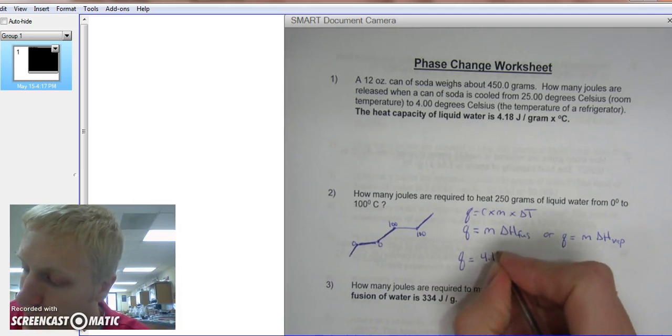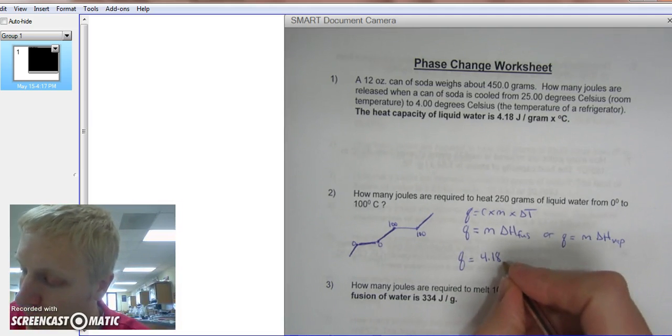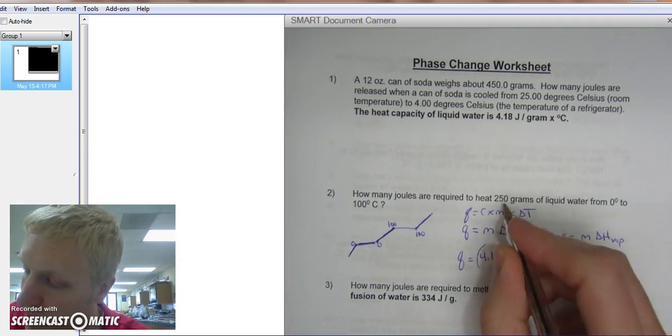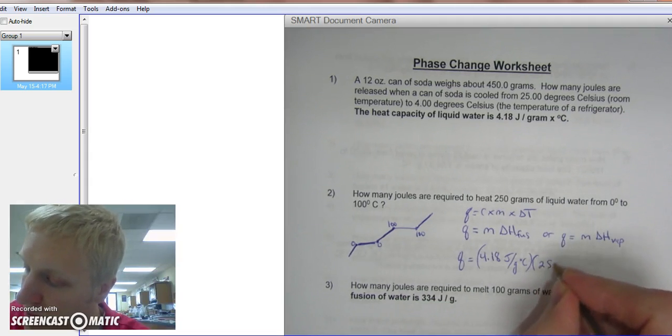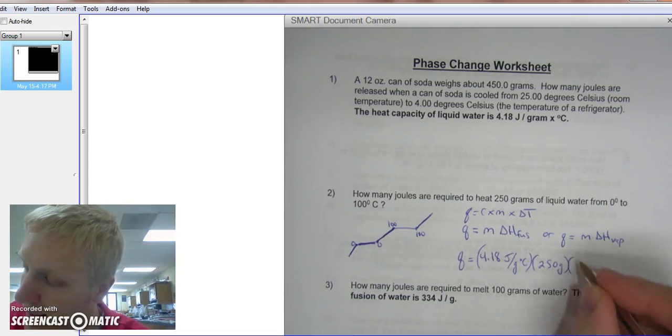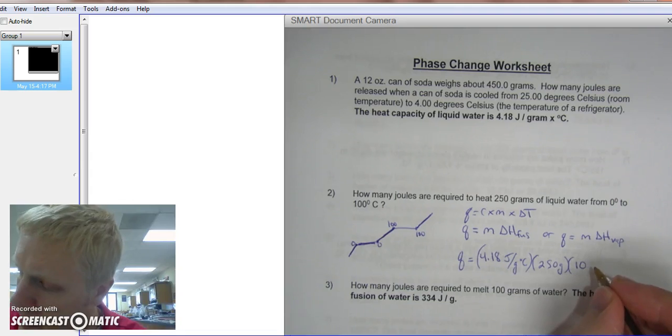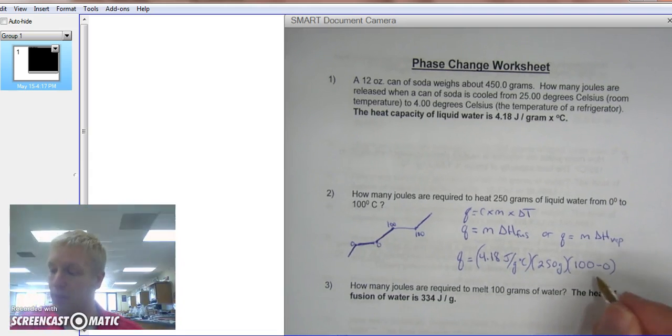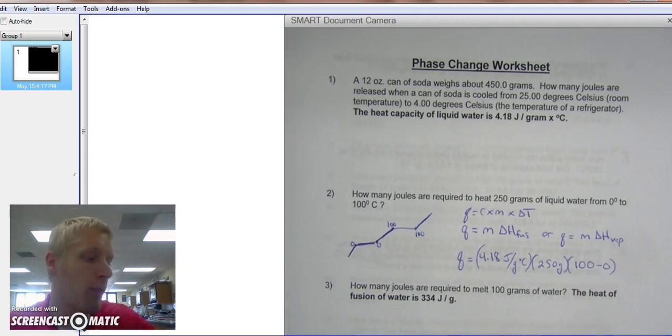So our Q equals the specific heat of water, which is 4.184. I'm just going to go with 4.18 joules per gram degrees Celsius. Our mass we're dealing with is 250 grams. And our change in temperature is going to be 100 is our final, minus 0 is our initial. So basically it's 100 times 250 times 4.18.